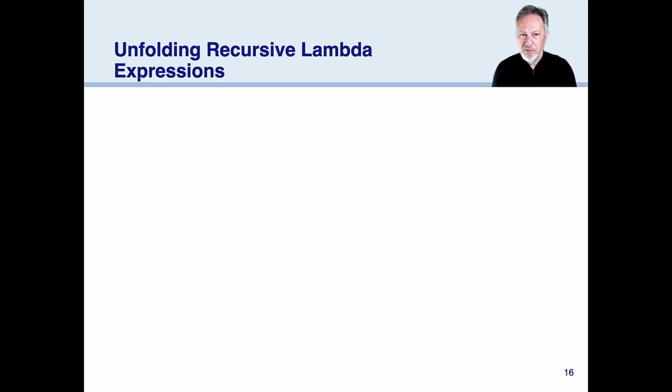So let's step through the execution of plus of 1 and 1. Plus is Y applied to R plus, and we're passing it the values 1 and 1. Recall that we're using our encoding of numbers here. So each of these 1s is not the actual number 1, but our encoding of 1 in the lambda calculus, so the successor of 0.